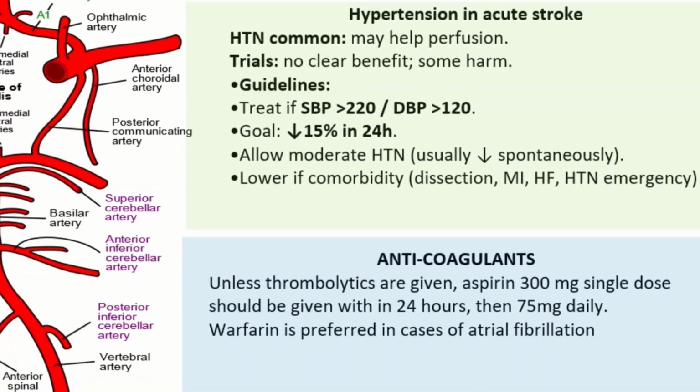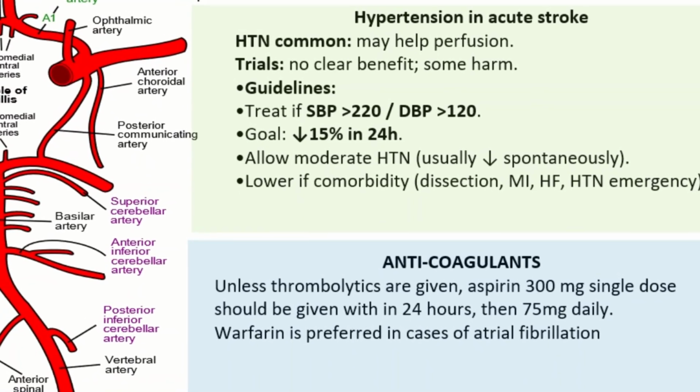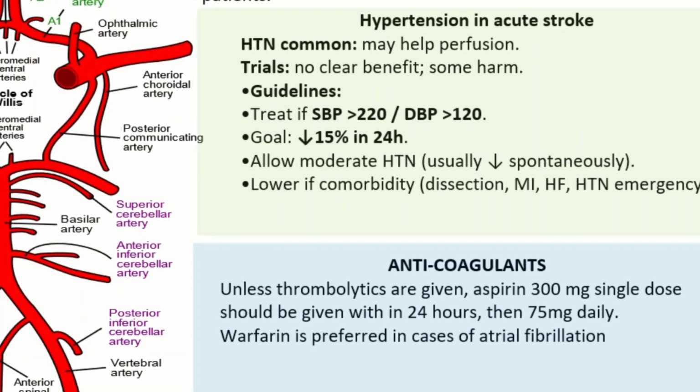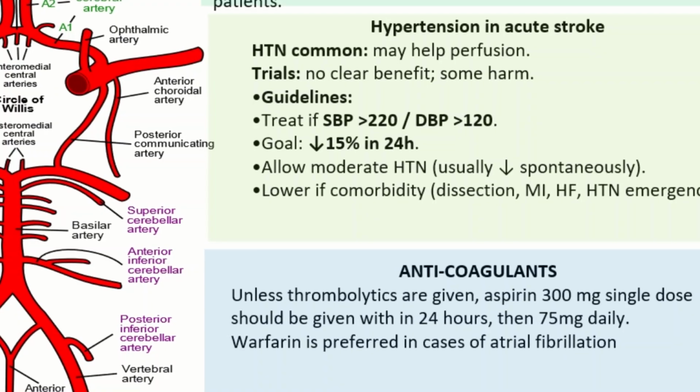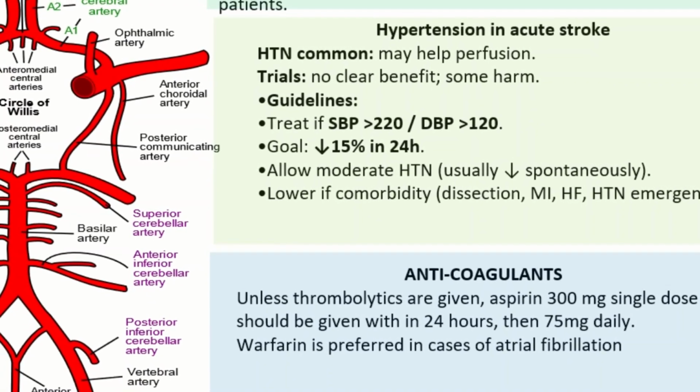But if thrombolytics are going to be given or have been given, we want to hold the aspirin for at least 24 hours, then we shall begin again to give the daily dose.